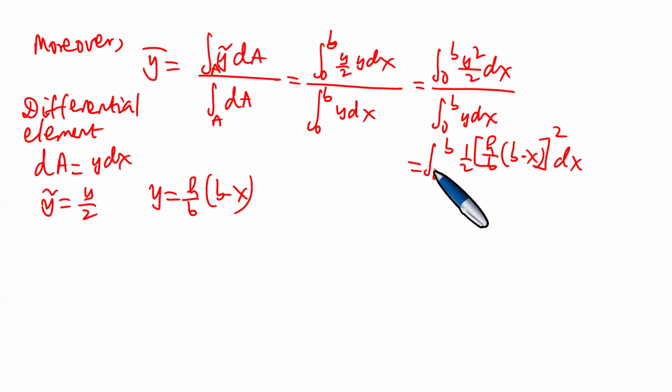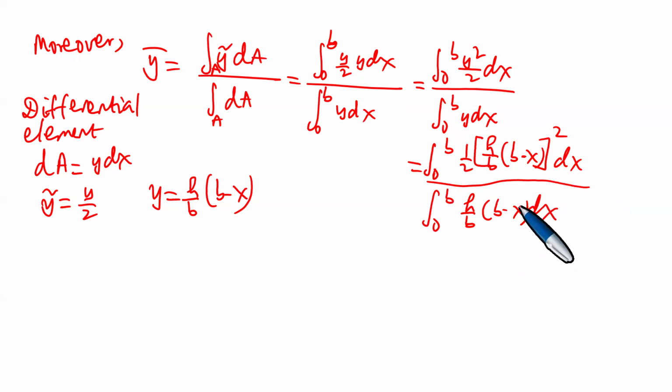So you actually therefore have the integral from 0 to b, h over b, b minus x dx. Okay, so we continue. So now, if you need to integrate this here, what then can we do? There's a couple of things that we can do here to evaluate this.